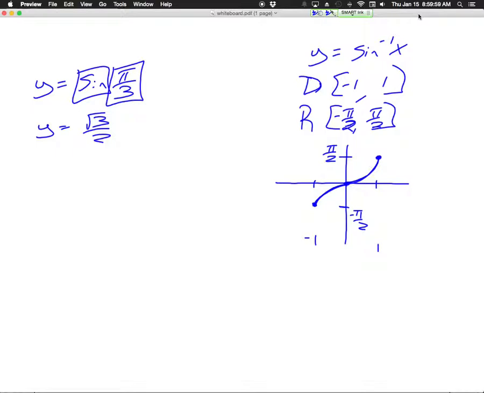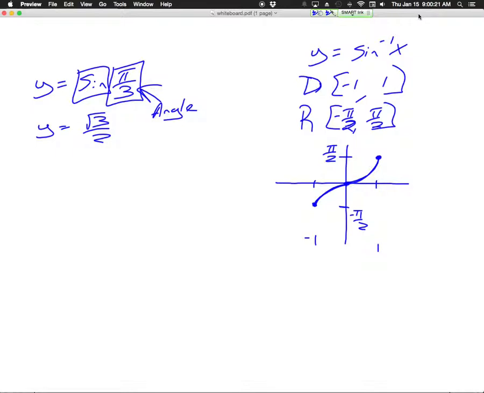Okay? Now, I want you to notice something. On a regular trig function, what is it that we are inputting? What is pi over 3? What does it represent? What did you say, Bobby? It represents an angle.